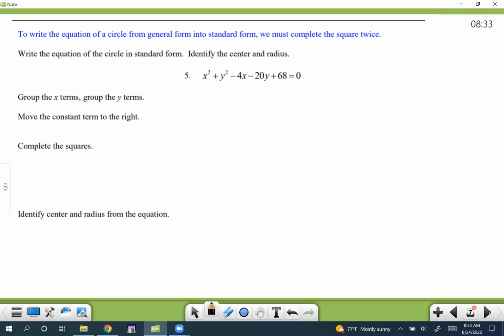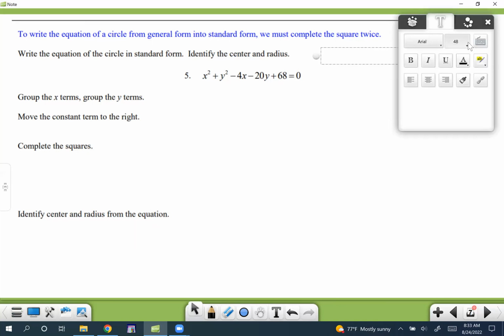So instead of going from standard to general, going from general to standard, okay? So earlier in the semester, we did learn the formula for completing the square. So let's just remind ourselves of that, okay? So we'll put formula for completing the square.